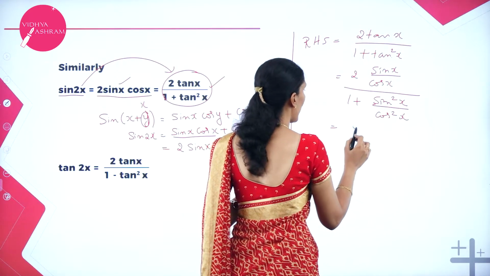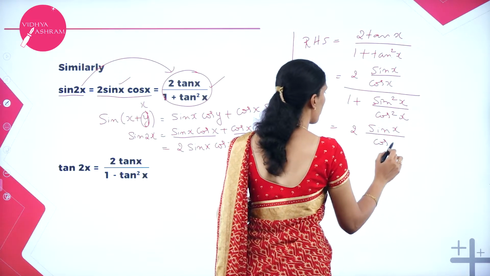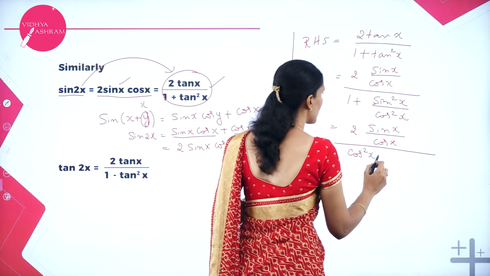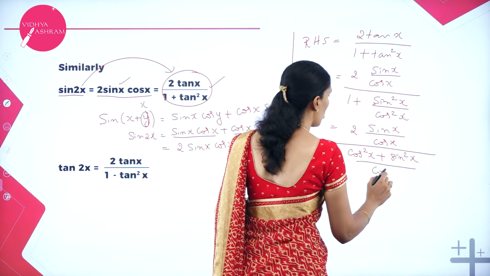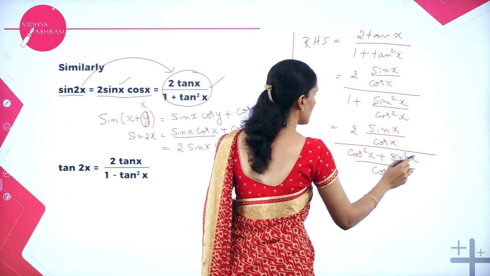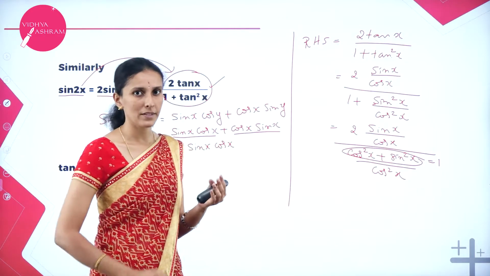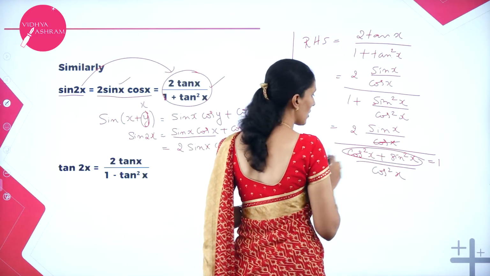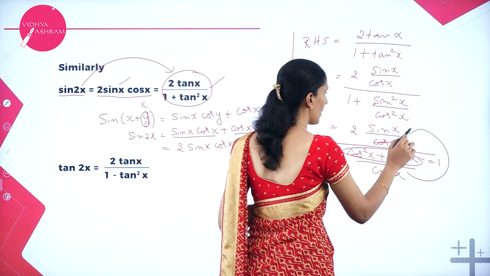Now, write as it is 2 sin x by cos x whole divided by, so this becomes cos square x plus sin square x whole divided by cos square x. So this value will become 1, because sin square x plus cos square x is 1. One cos x gets cancelled, it goes to the numerator.